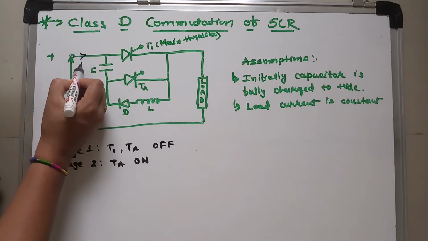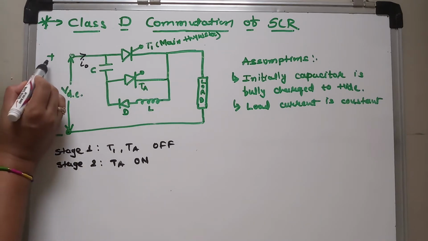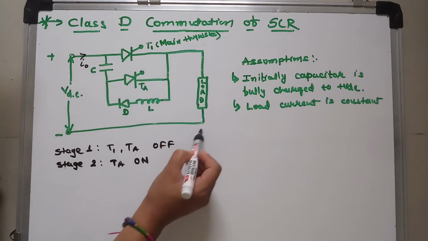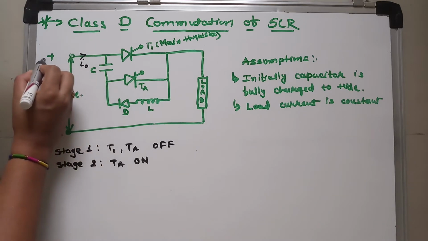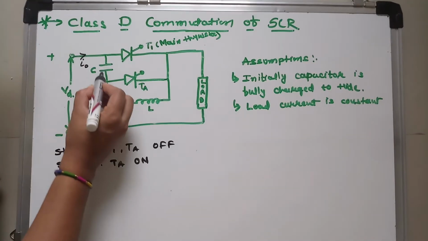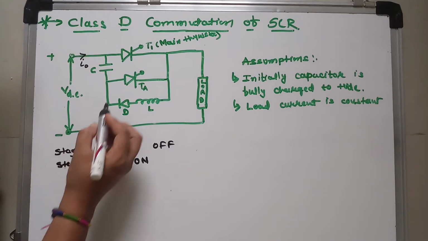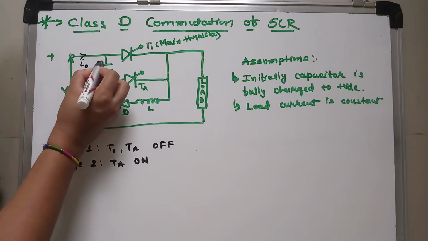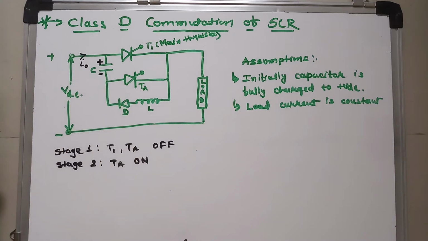If I say my current is I0, current flows from the positive through the capacitor and TA to the load and then to the negative. So now the capacitor is going to be charged with the upper plate positive and the lower plate negative.